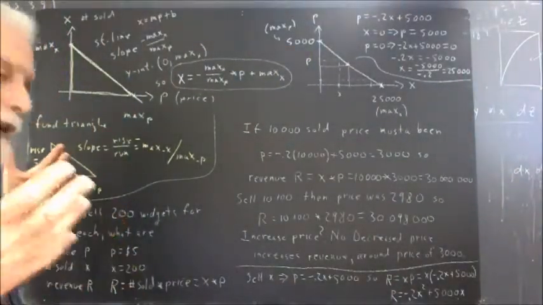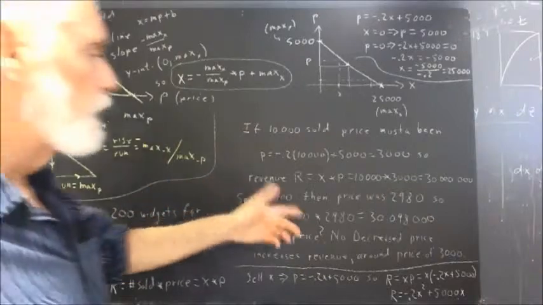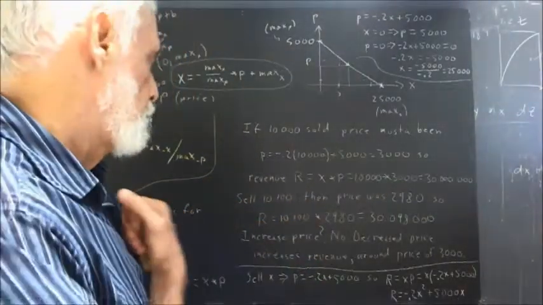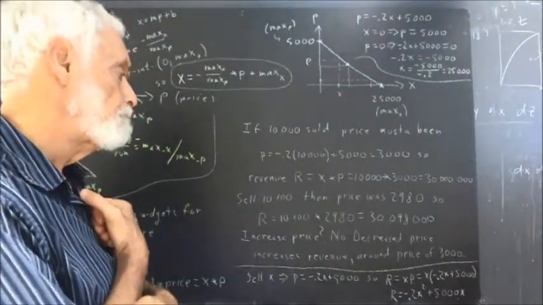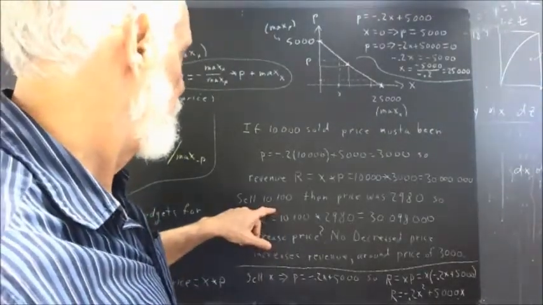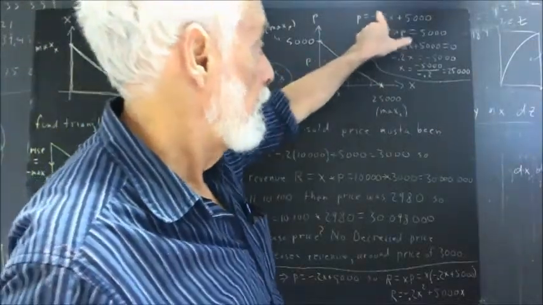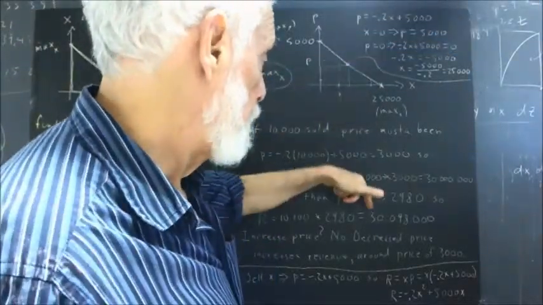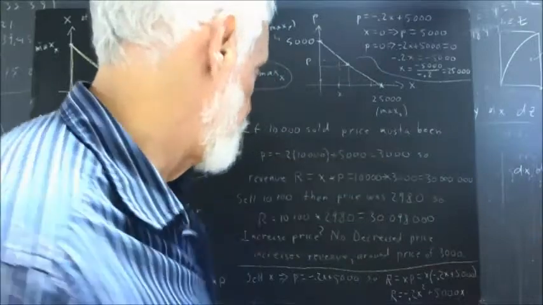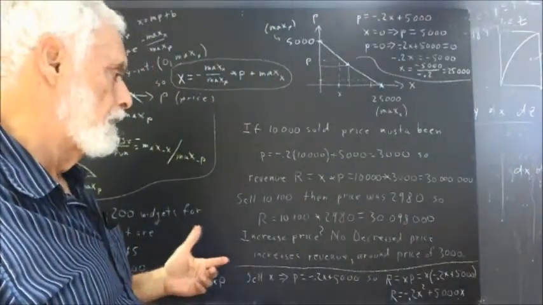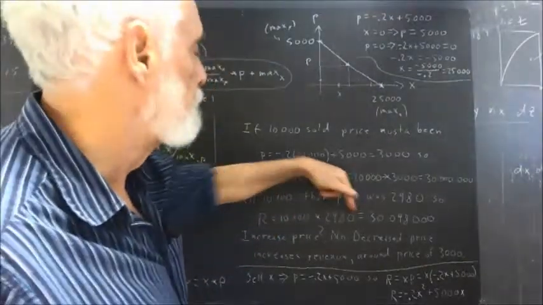Now, I ask, if 10,100 are sold, then what was the price? Well, you plug in the 10,100 for x and multiply it out, and you're going to get 2,980.